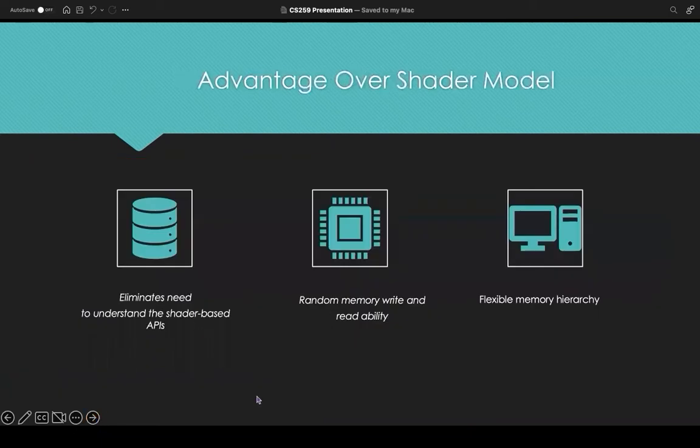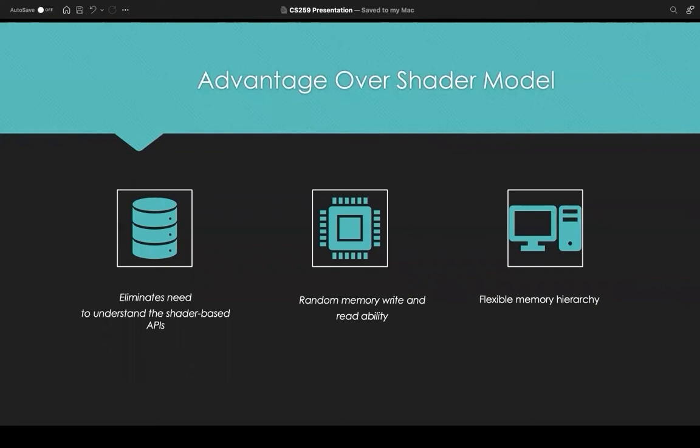Now let's have a look at the advantage that CUDA has over the shader-based model. Since CUDA is based on the C programming language, the need to understand the shader-based API is eliminated. This significantly reduces the learning curve for programmers who are already well versed with C. Now, CUDA possesses random memory write and read ability.